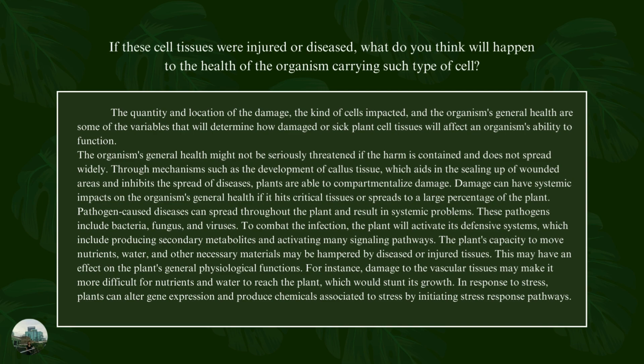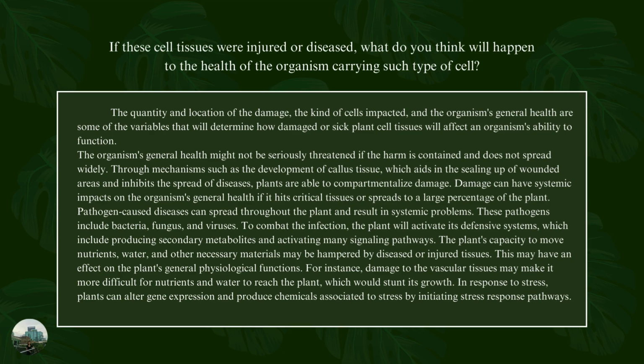Damage can have systemic impacts on the organism's general health if it hits critical tissues or spreads to a large percentage of the plant. Pathogen-caused diseases can spread throughout the plant and result in systemic problems. These pathogens include bacteria, fungi, and viruses.